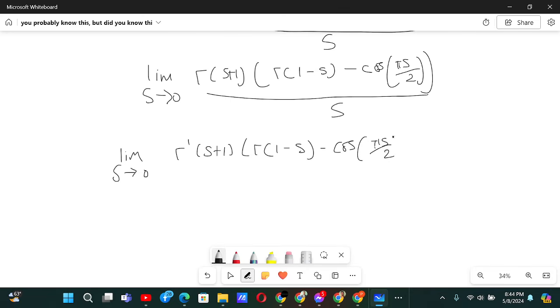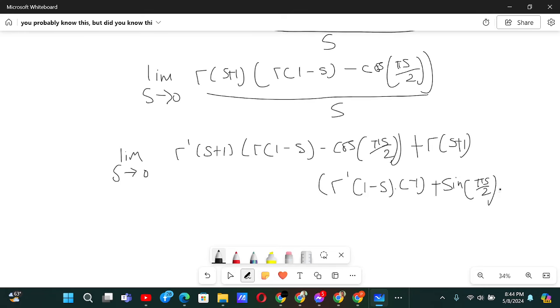Then gamma of s plus 1 as it is, the derivative of the other expression is gamma prime of 1 minus s times minus 1, minus, and minus is now plus, sine of pi s by 2 times pi by 2. And the derivative of s is just 1.